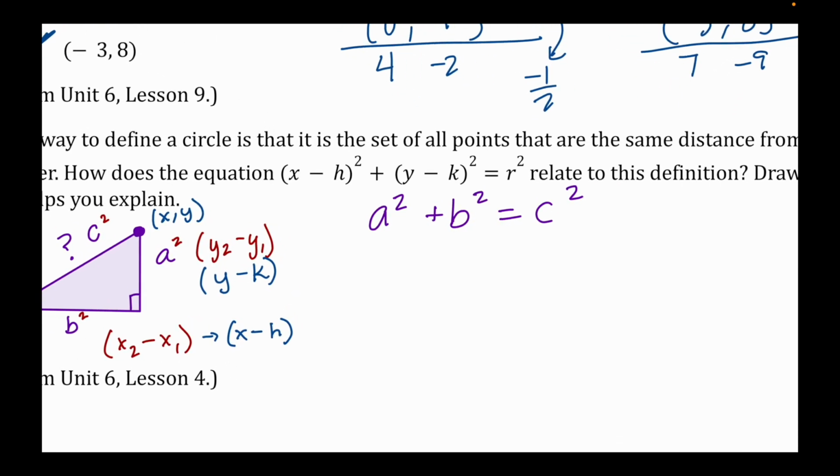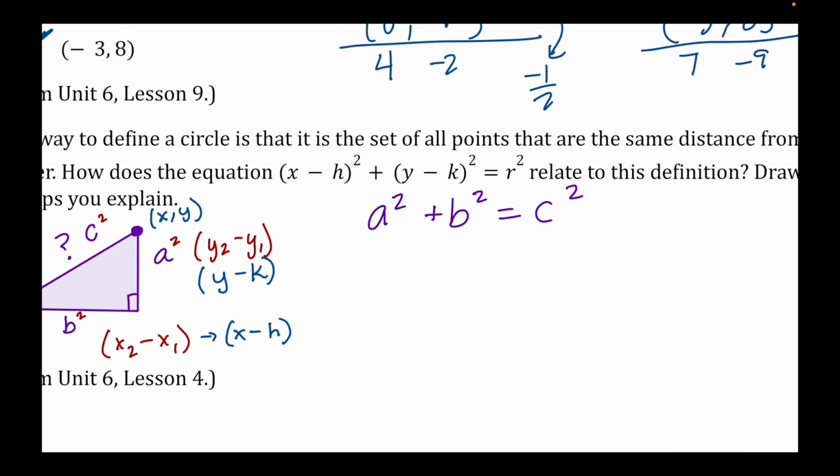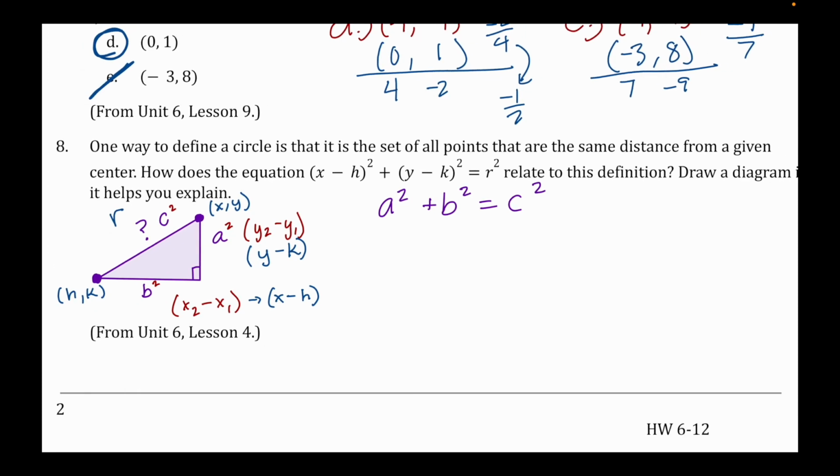A squared plus b squared equals c squared. So it's just going to look a little out of order. But that would then mean that a squared has got to be y minus k squared. And then b squared, we said, was x minus h squared. And c should be the same as the radius, so that should be radius squared.